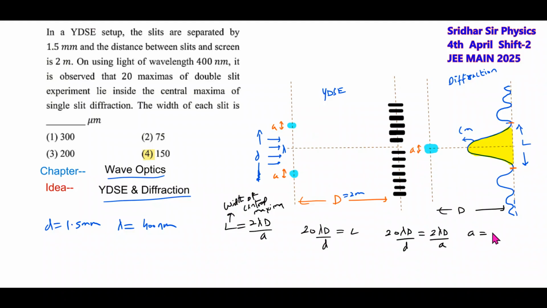So lambda D will get cancelled out. a equal to 10 by d, a equal to d by 10. Okay, this will be 150. Very good problem. Just the basic formulas of YDSE and diffraction you should recollect.